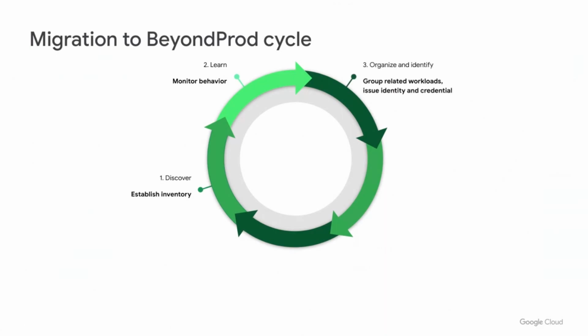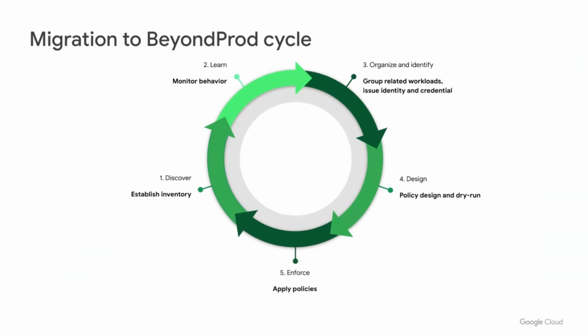Once you have that inventory and that graph of workload communication, it is time to organize them and create identity. For example, this group is running my HR web application, and so they all belong to the same namespace. And then step number 4 is designing the policies for those namespaces and trust domains that you created in step number 3. And do dry run to make sure that they're doing the right thing.